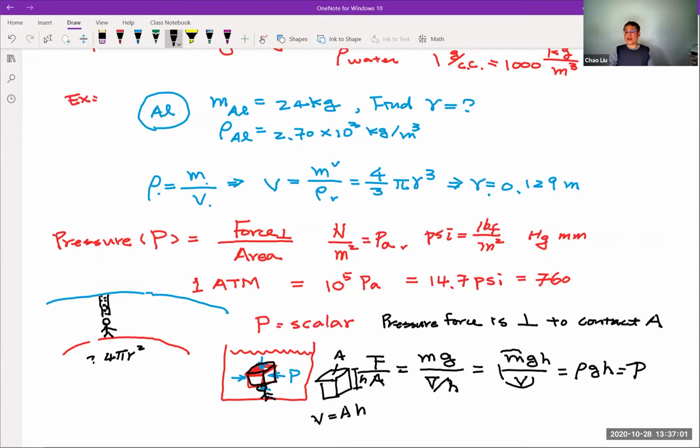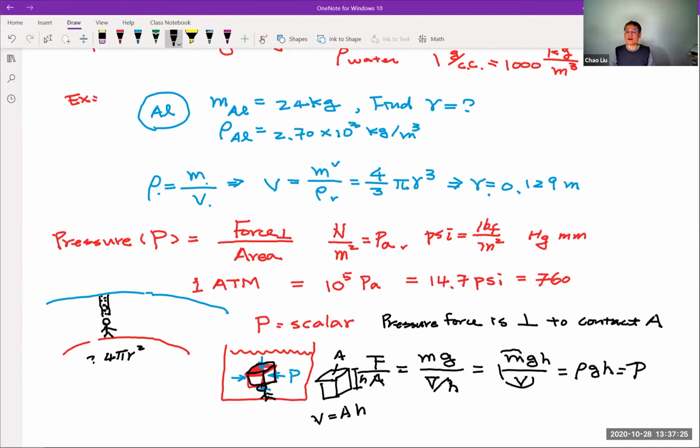So this is also a pressure. I can calculate the pressure if I have something in the fluid and I know how much depth, like the depth that I'm inside of the fluid, then I can find out the pressure due to the depth, due to being below the surface of some kind of fluid.